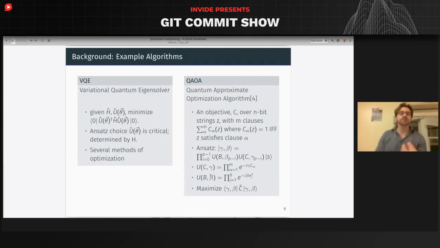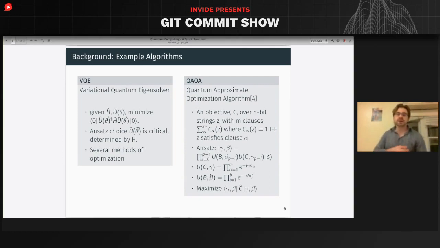Given some Hamiltonian H and some parameterized unitary U of theta, your goal is to minimize the expectation value of that Hamiltonian acting on the state created by the unitary. Ansatz choices are critical here. They need to relate to the Hamiltonian in some way or you're not going to have any luck. And the real varying thing in this family of algorithms is what kind of classical parameter optimizer you use, what kind of unitary you're using, how you transform the Hamiltonian, and so on.